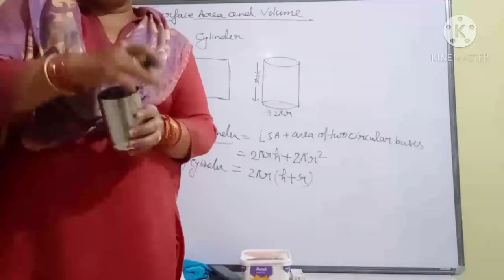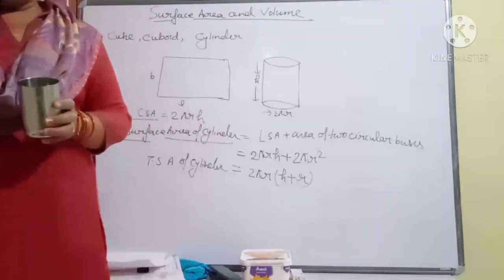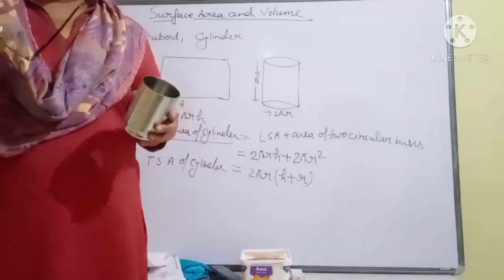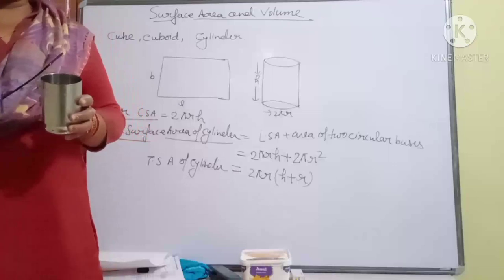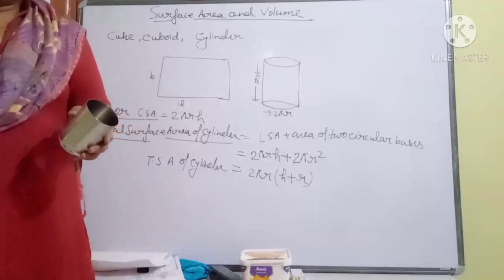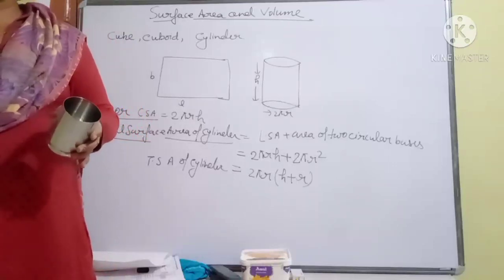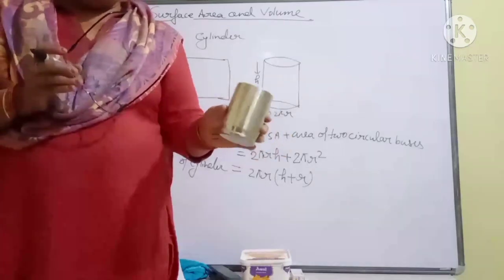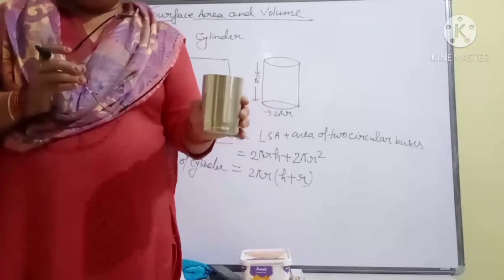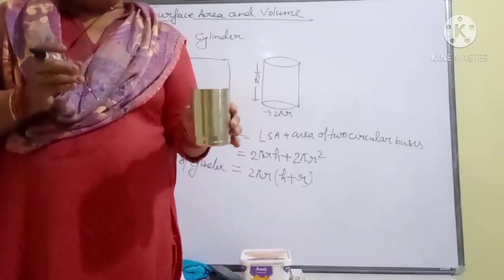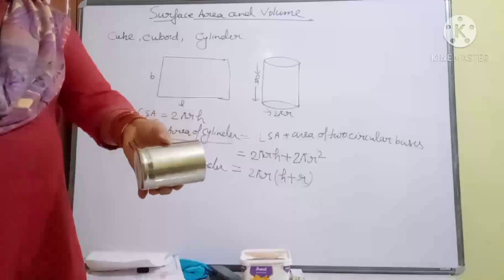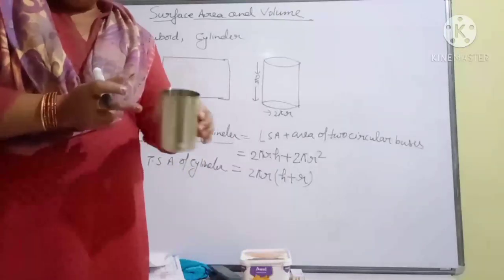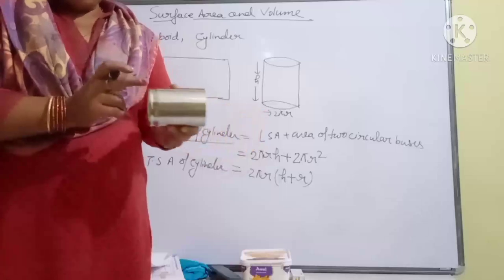You can see the cylindrical closed object, like when you get cold drinks such as Coca-Cola, they also come in cylindrical objects. If I would like to find its area, what will it have? You can see it is a glass, only one base is there.